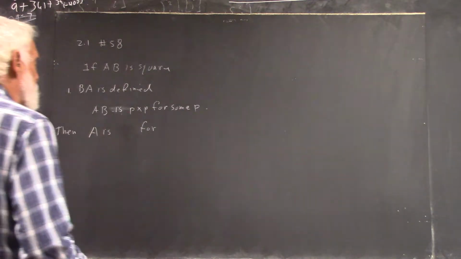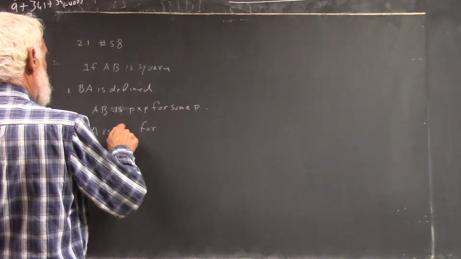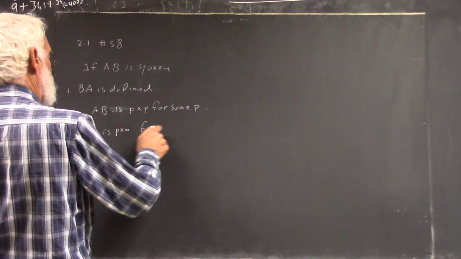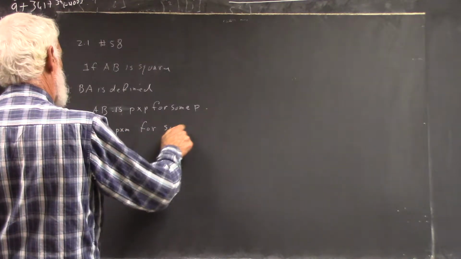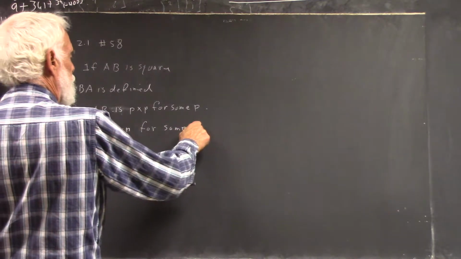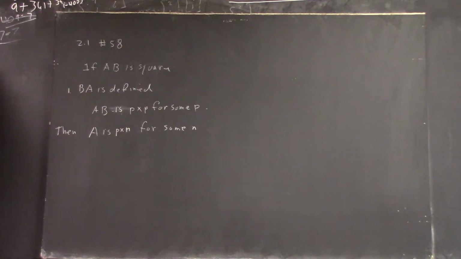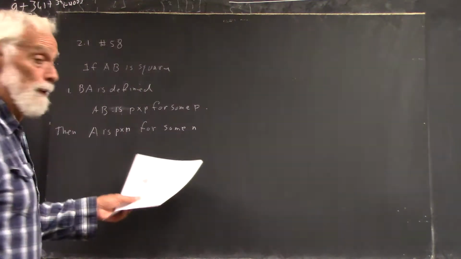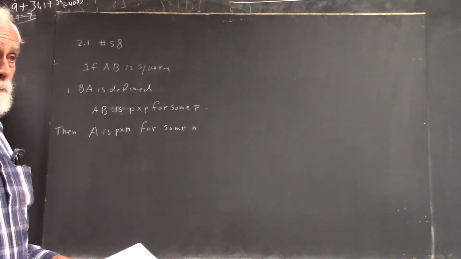So A is, we'll say, P by N for some N. I'm not using the notation suggested in the guided proof because notation's just notation. Okay? The ideas are the ideas. Okay. Do we agree? Okay.